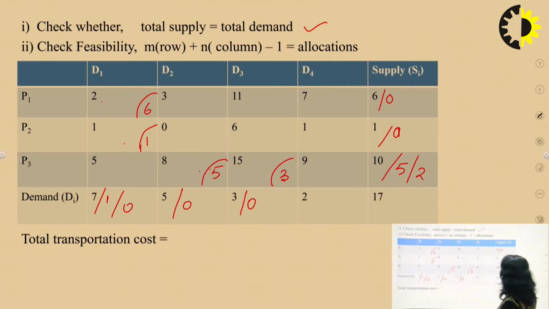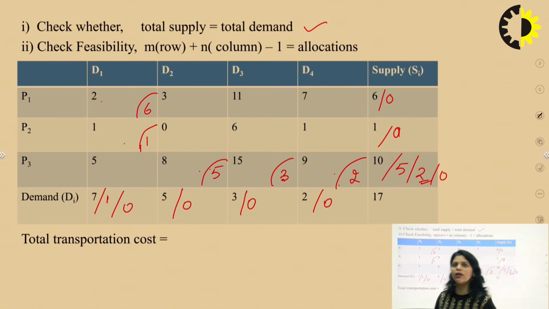Now we will check again, SI was greater than DI. It means we will again move horizontally. We will come to this side. Now we will see what is available. Supply available with us is 2 and the demand is also 2. It means it will become 0. It will also become 0 and 2 will be assigned here.